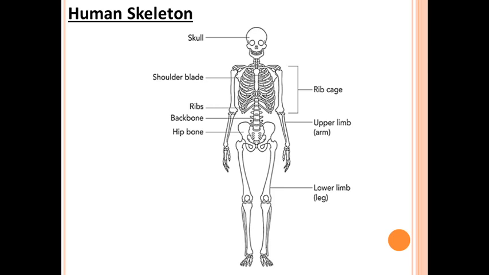As you are growing up, these bones are joined together, and when you become an adult, then the total count of bones in your body is 206. Okay, so please remember that 206 bones are there in your body, and the framework is known as skeleton.